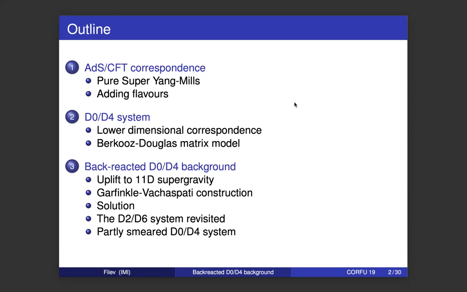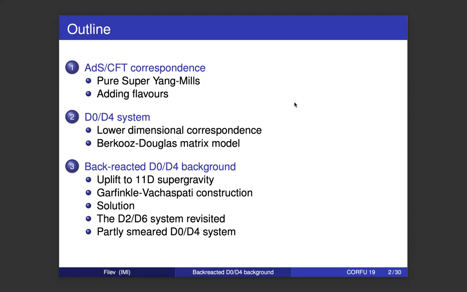Then I'll talk about the Berkooz-Douglas matrix model, which is essentially the field theory dual to the D0-D4 background. So what we're doing is constructing the gravity dual of the Berkooz-Douglas matrix model. And then I'm going to talk about the backreacted D0-D4 background, how we can obtain this very naturally from 11-dimensional supergravity. We'll uplift everything to 11 dimensions.